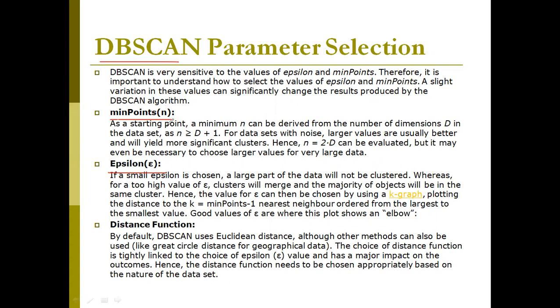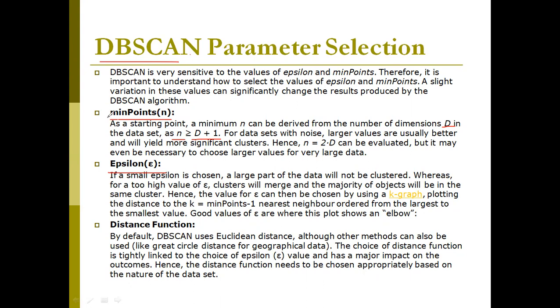The data set dimensions are represented by D and minimum points by N. N is greater than or equal to D plus 1. Assume D dimensions are there in a given data set. Suppose 2 dimensions are there, then 2 plus 1 is 3, and n is equal to or greater than 3. Like that, you should take the value for minimum points n.